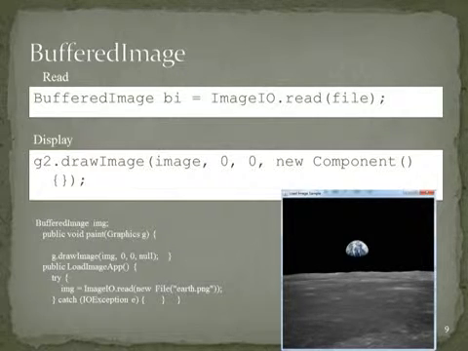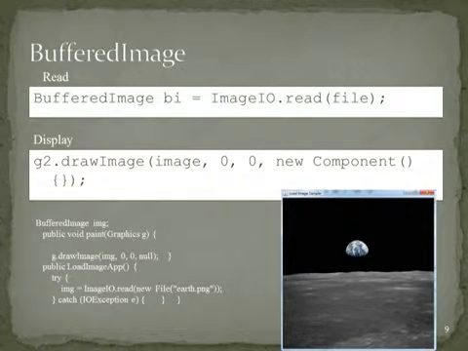A graphical user interface component such as a JPanel object is usually used as the image observer. The purpose of the image observer is to support asynchronous loading of images in the original AWT component.